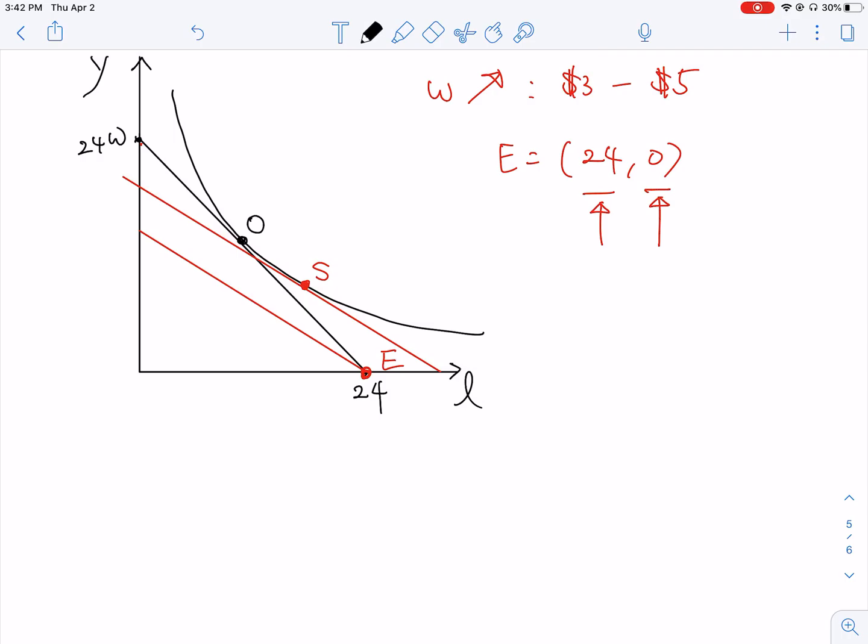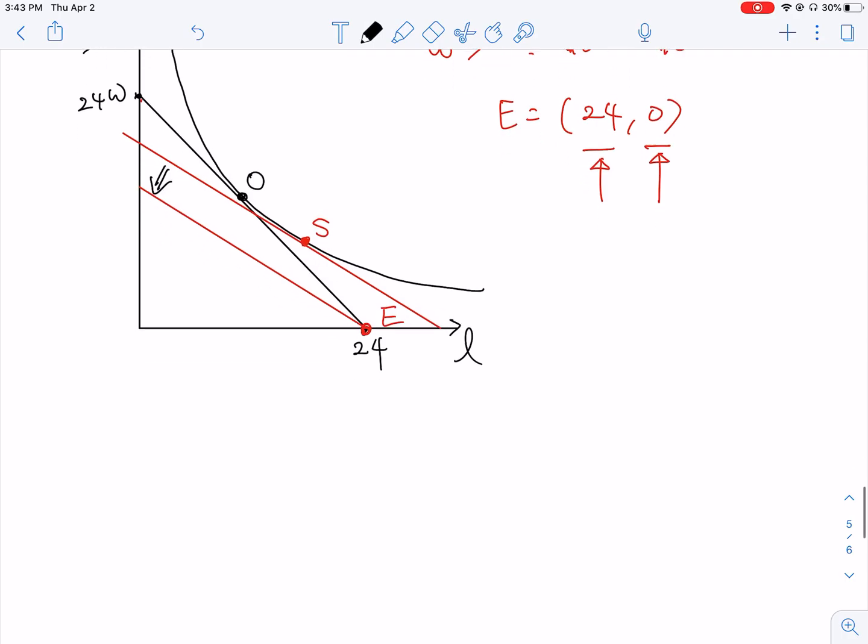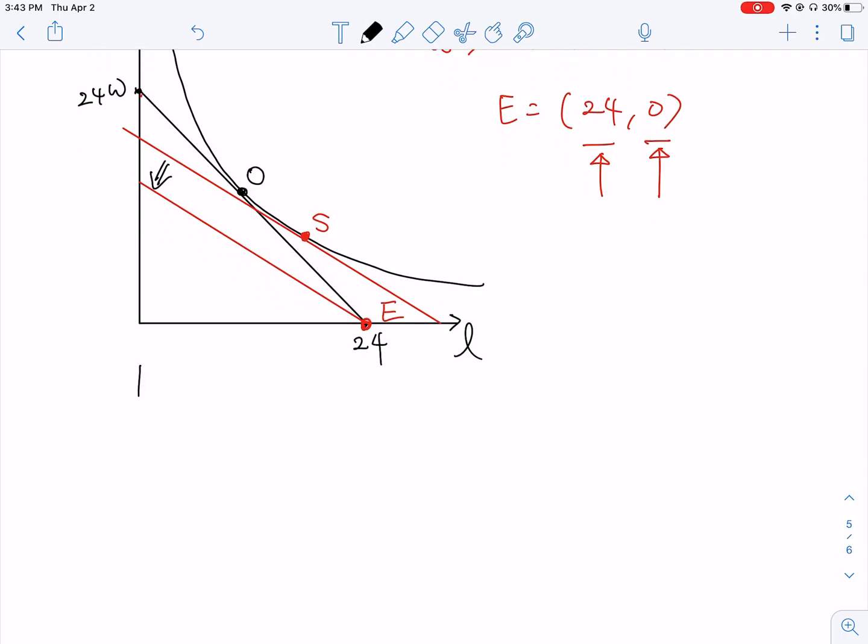Now, what's the income effect? Now you're looking at the decrease of the income. It'll definitely decrease, but how much it does depends, right? So let's draw the demand curve.